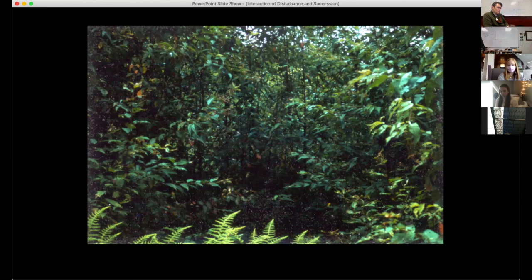Down at the soil surface. Relative to one of these resources. There's almost no light reaching the ground level. Yeah, there's almost no light reaching the ground.